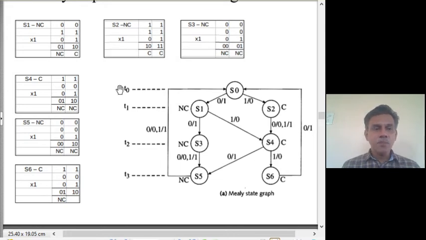Well, if the input on the other hand is 1, we produce a 0 as an output and produce a carry. So this is wrong, this has to be a carry state.